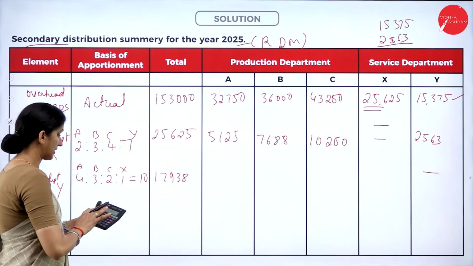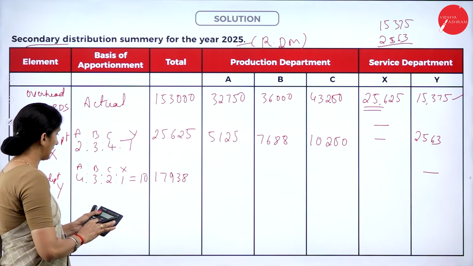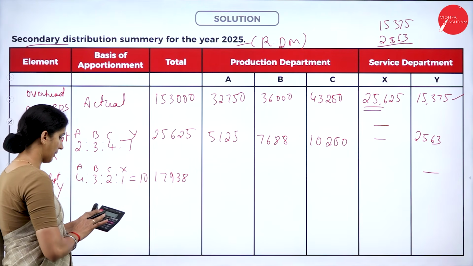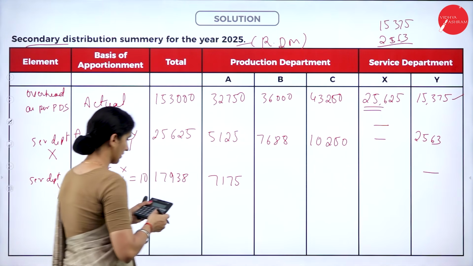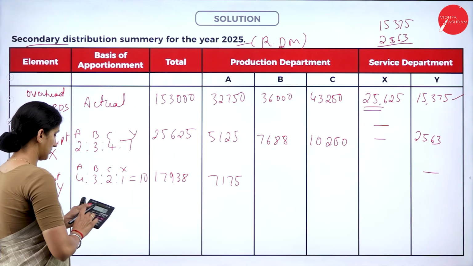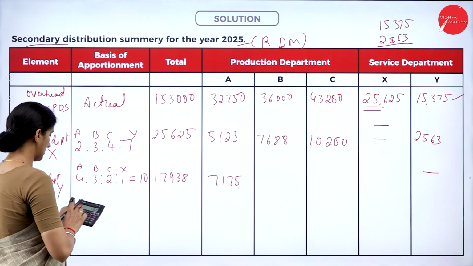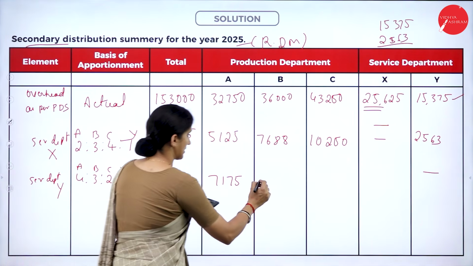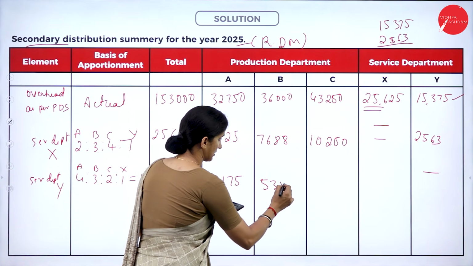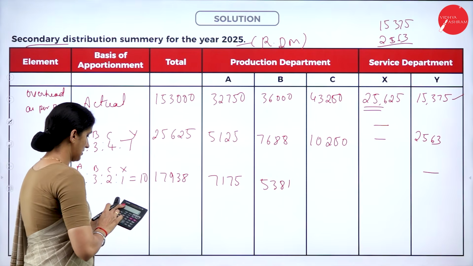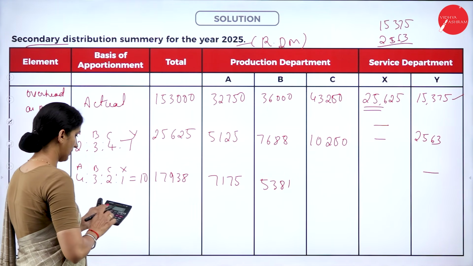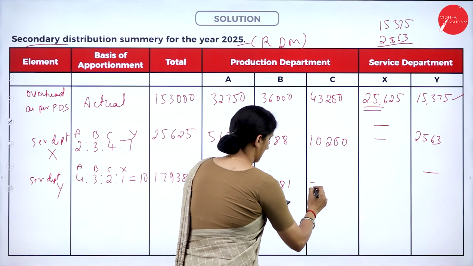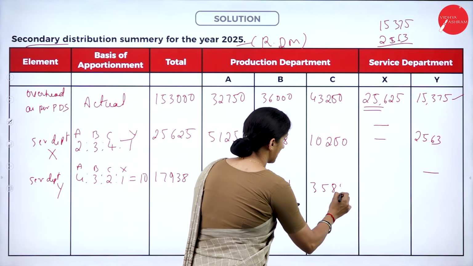So now 17,938 into 4 divided by 10, it is 7,175. Then 17,938 into 3 divided by 10, it is 5,381. Then 17,938 into 2 divided by 10, it is 3,588.